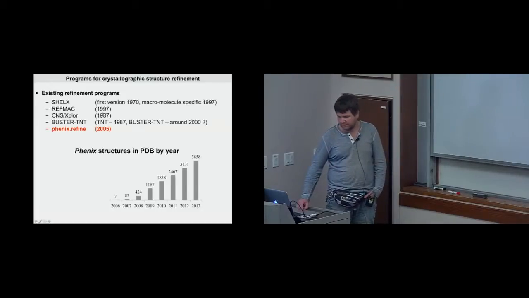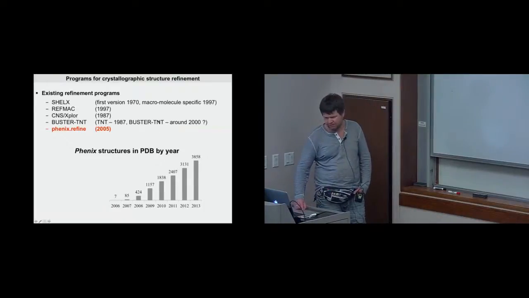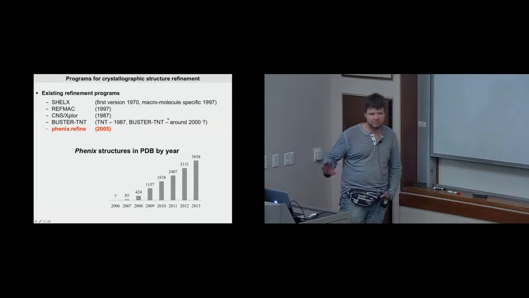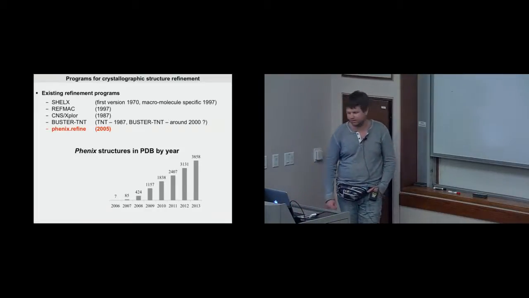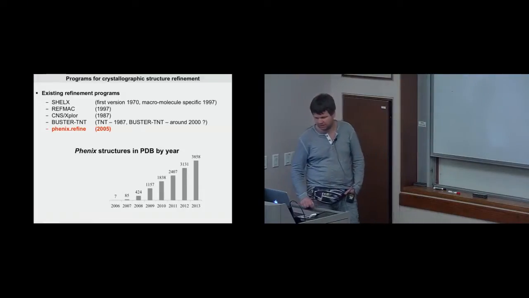RefMac is 1997. X-PLOR, CNS 87. TNT 87.2. I actually don't know for sure when Buster TNT was released. I presume it's 2000, but maybe I'm wrong. I wouldn't bet on that. That's what I quickly found. At least the first structure published by Buster TNT in the PDB is dated by year 2000.